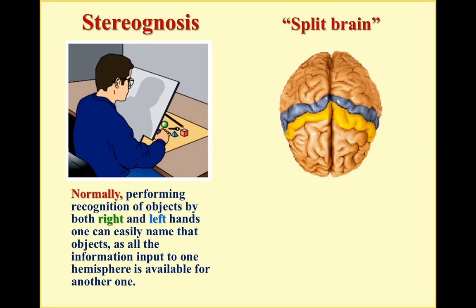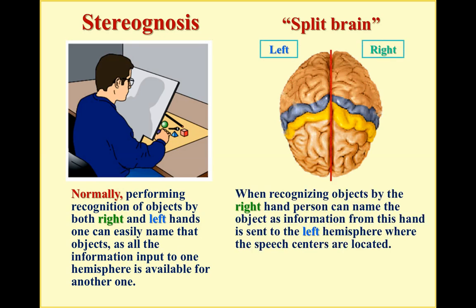Observe, this is the brain which is intact, with left and right side, and then we split this brain. And when recognizing objects by the right hand, the person can name the object because information comes from the postcentral gyrus, where the impulses reach from the right hand to the left hemisphere.